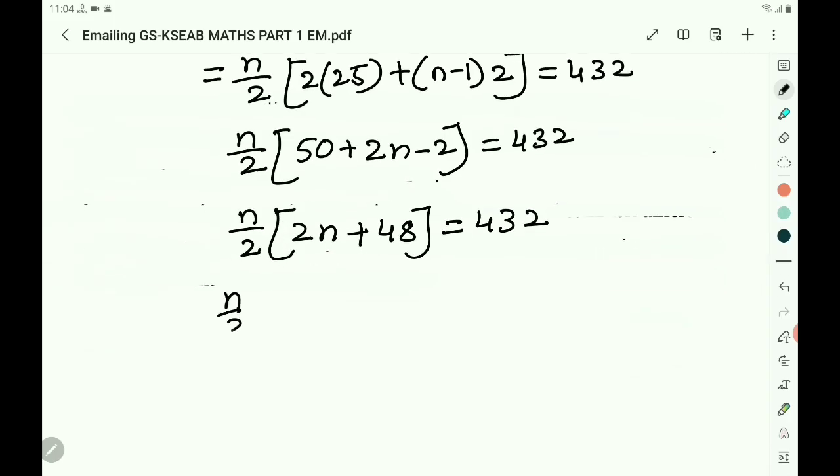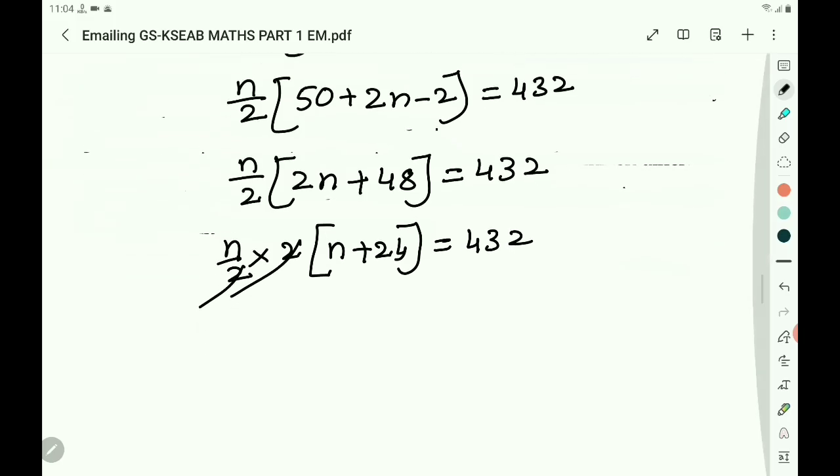Then you take 2 common. Write n by 2 as it is, into 2 common. Here 2 is outside, so in the first term you will get n, and 2 into 24 is 48, equals 432. You can cancel this 2 and 2.